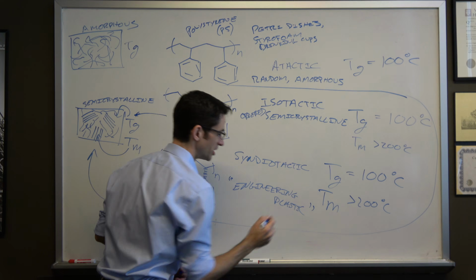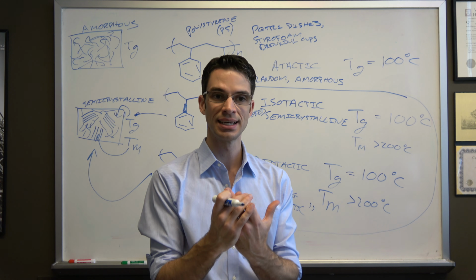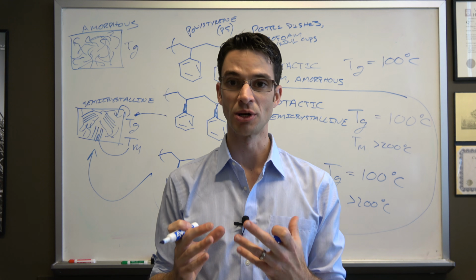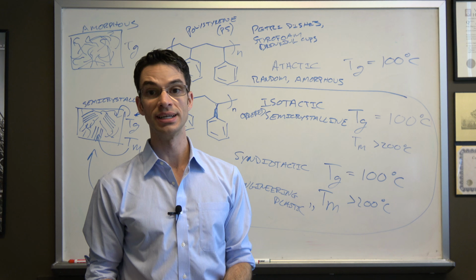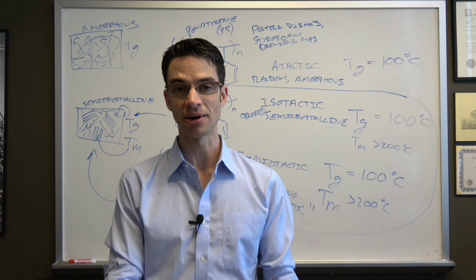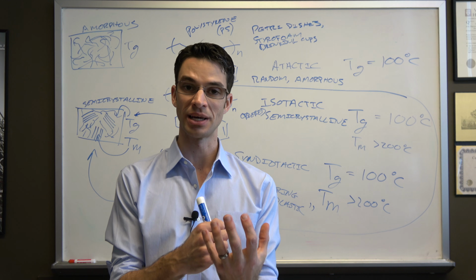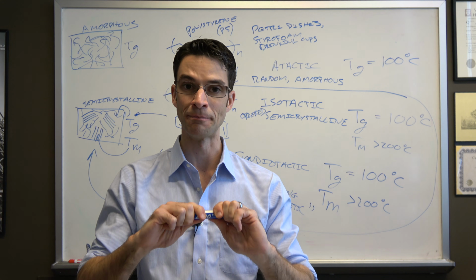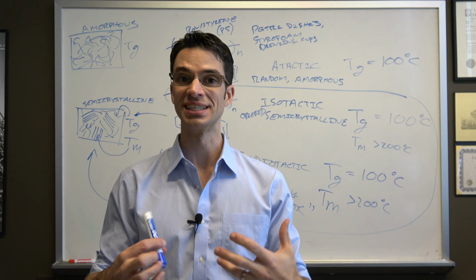What do I mean by engineering plastic? An engineering plastic is something that has a precisely defined molecular structure to give you a very useful thermal or mechanical property. Now, it's quite useful to have a polymer that operates above 200 C, for example, if you want to use it in electronic components that get very hot, or also automotive components, for example, if you want to make melt extruded objects that retain their resiliency under high temperature, you would use an engineering plastic.